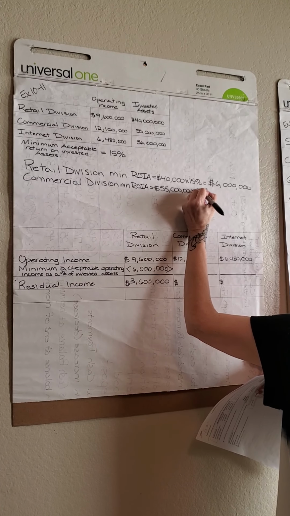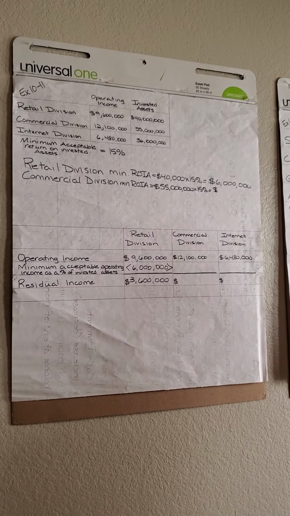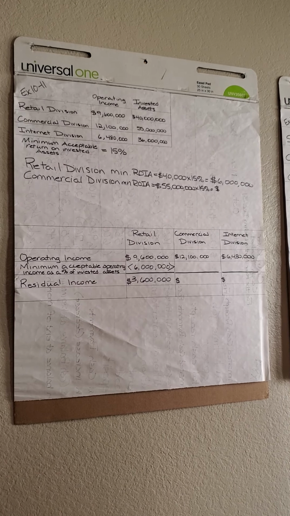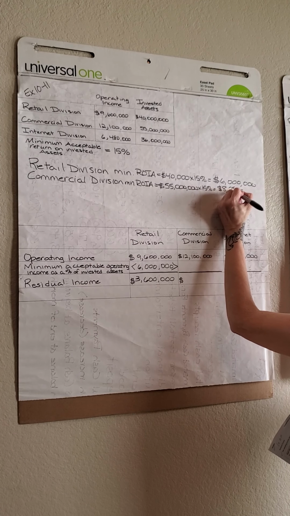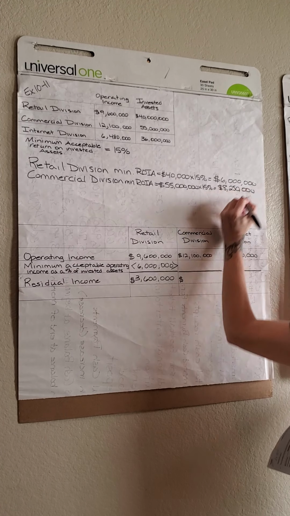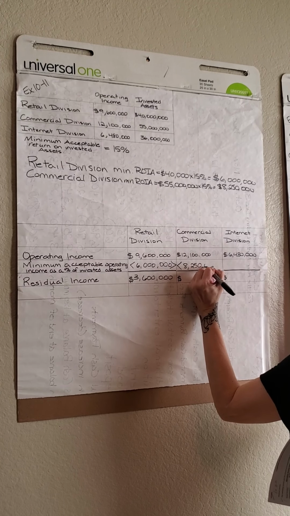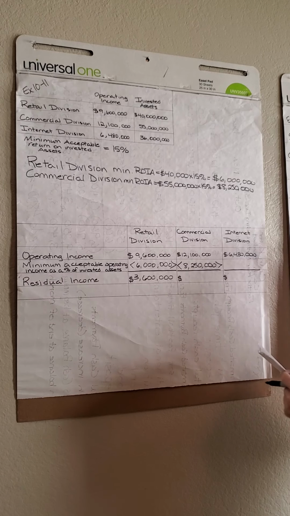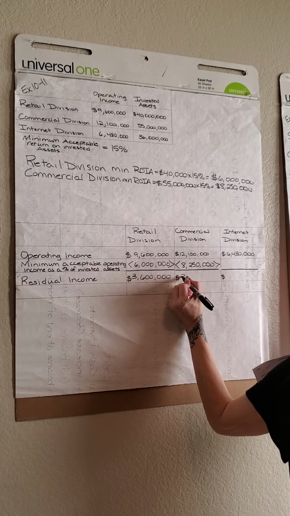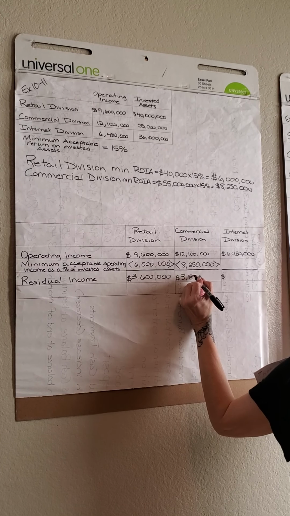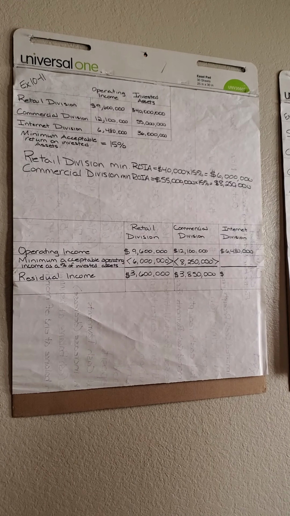We're going to multiply it times the 15% because it's the same company-wide, and that's going to give us a minimum rate of return on invested assets of $8,250,000. Put that down here, $8,250,000. So that's going to give me a residual income of $3,850,000. So that's slightly larger than that of the retail division.